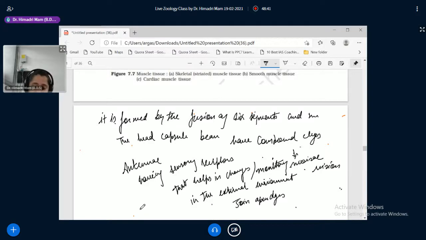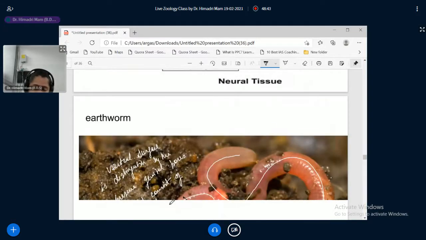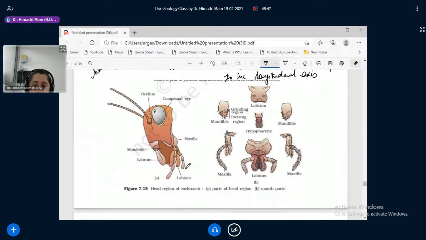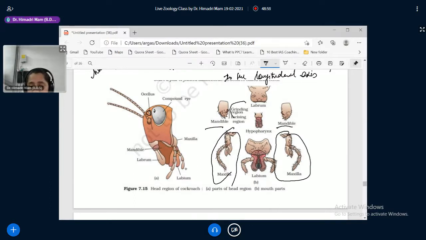ठीक है. Now they have the mouth parts. Right. Mouth parts में क्या क्या होता है? They have the pair of maxilla. They have the pair of mandible. They have the grinding region for the grinding of the soil particles. Labrum is the upper lip. Labium is the lower lip.